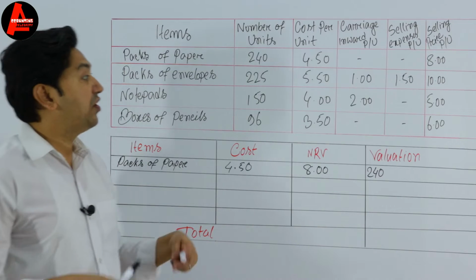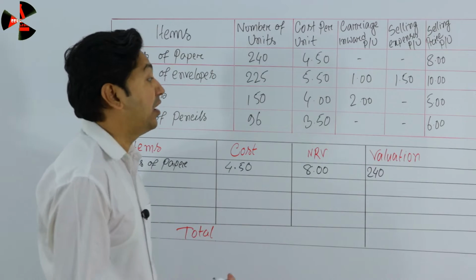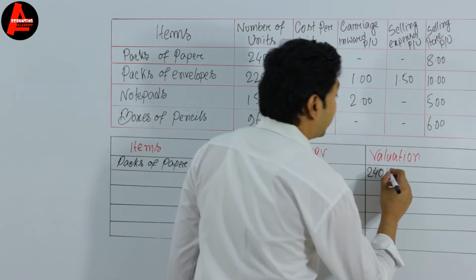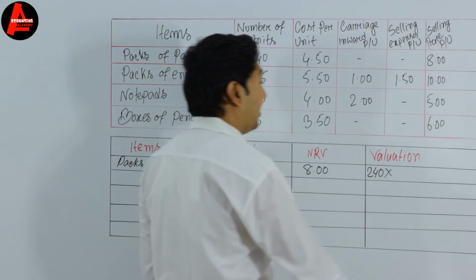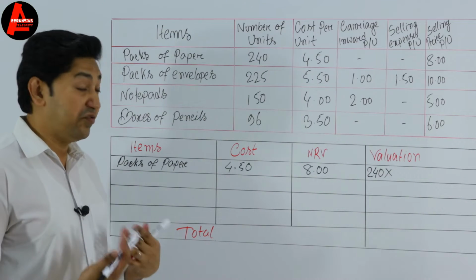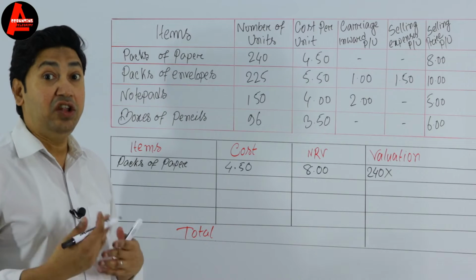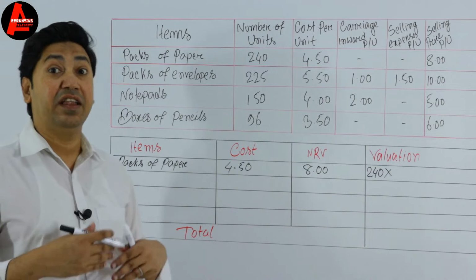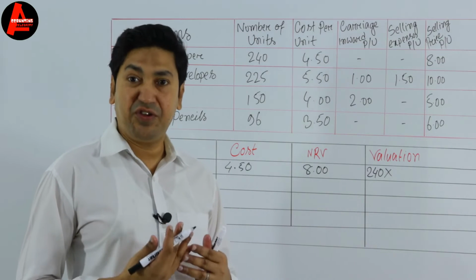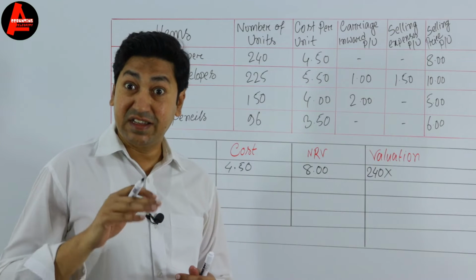Now how to evaluate which amount, this or this, will be multiplied by these 240 units? There is a concept in accounting to evaluate inventory: lower of cost and net realizable value. Here we have to check which price is lesser.